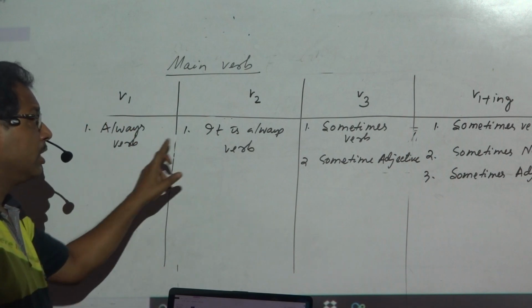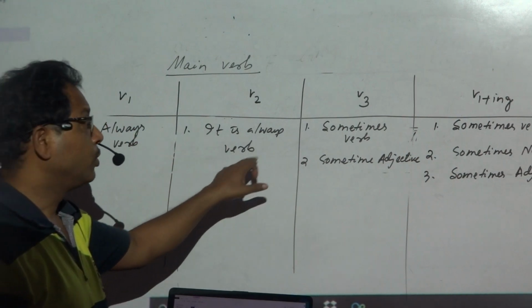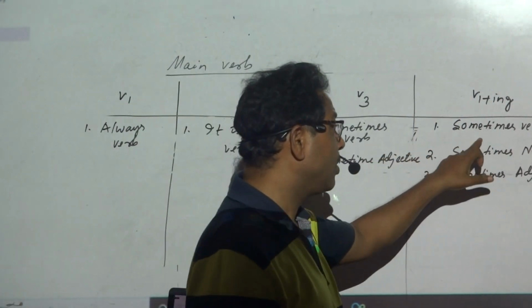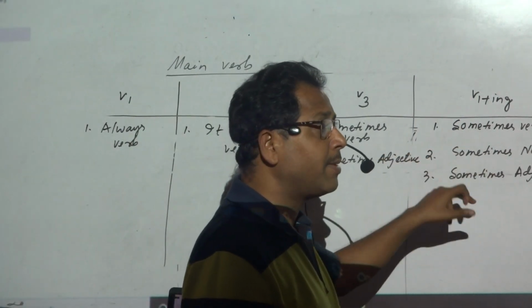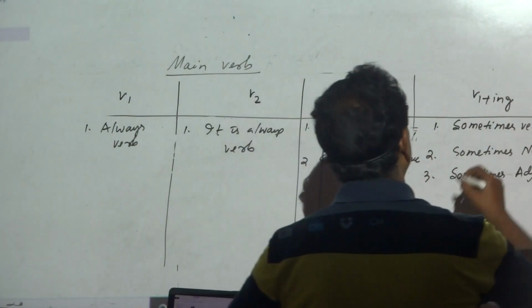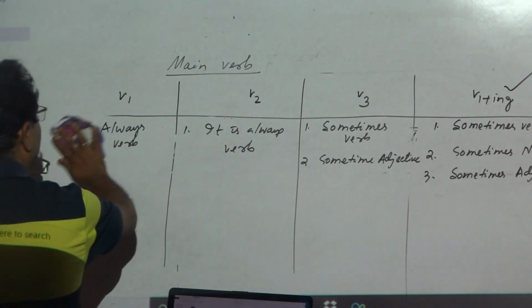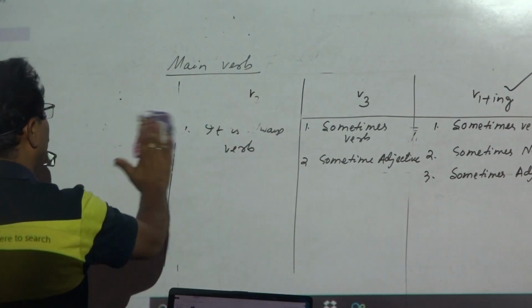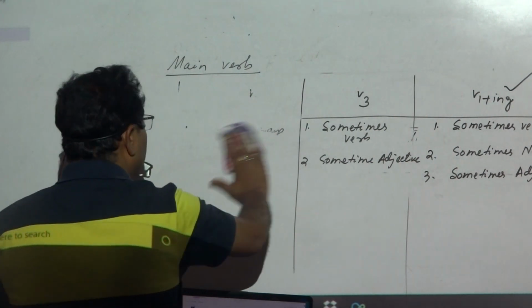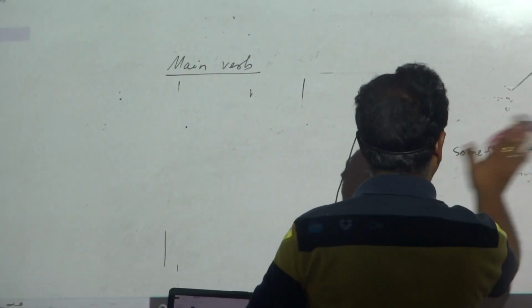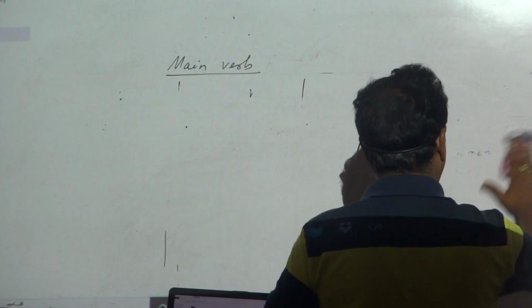Always verb, always verb, sometimes verb, sometimes adjective, sometimes verb, sometimes noun, sometimes adjective. Let me give you the example of this one. How V1 ing is sometimes verb, sometimes adjective, sometimes noun. Let me give you some examples.